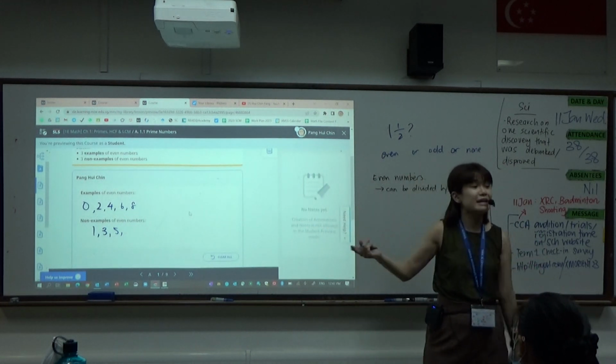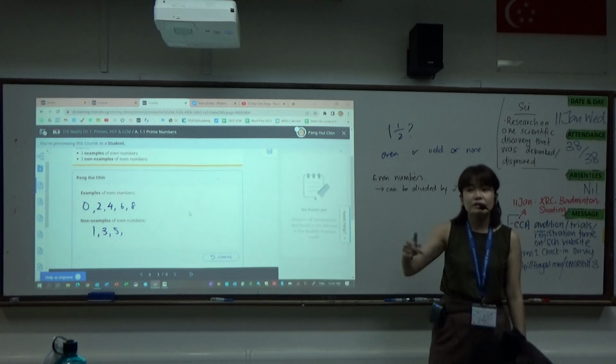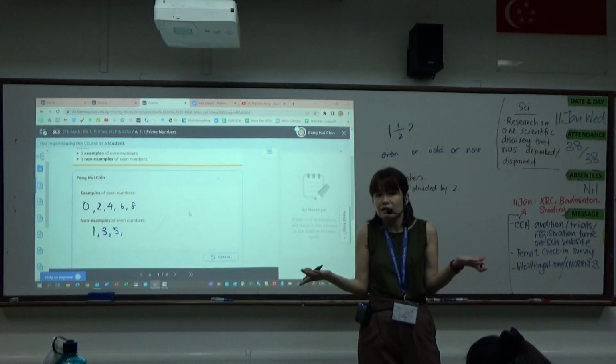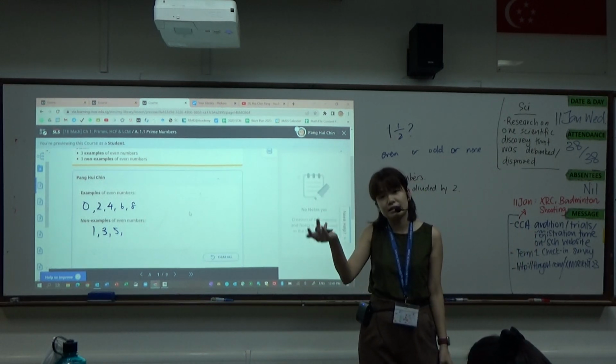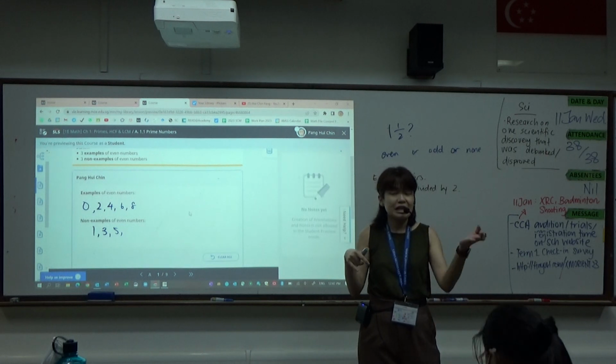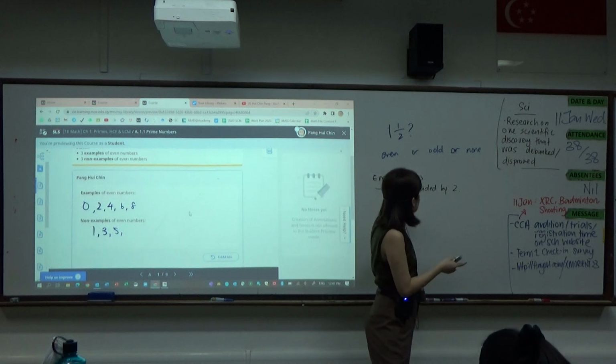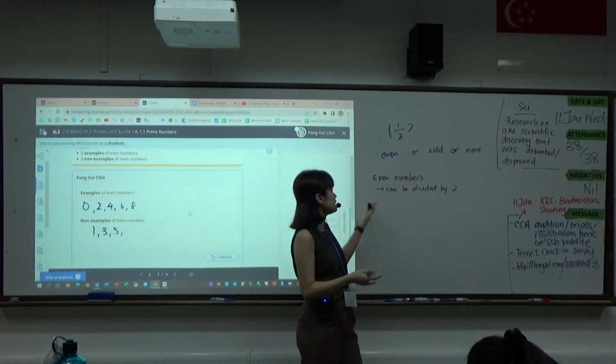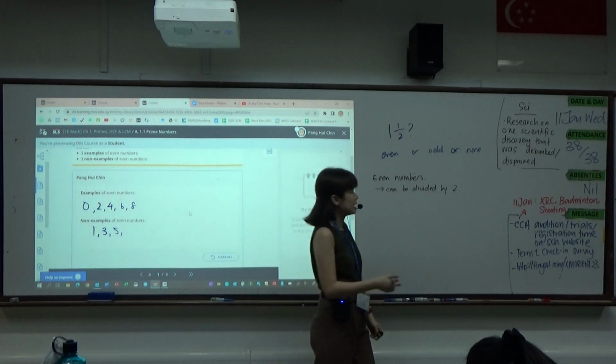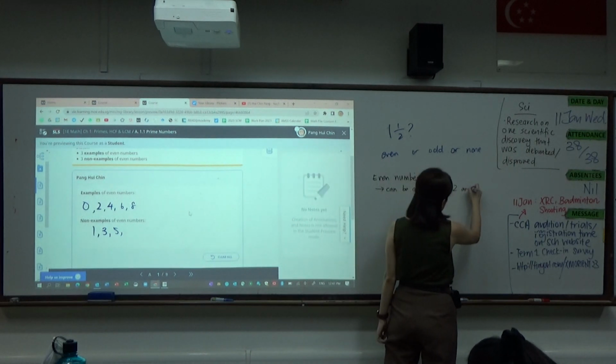When we press the calculator we can divide anything by 2, it's just whether there's a remainder or not. But for even numbers, would there be remainders? No. So to be more clear about this definition, even numbers can be divided by 2 and have no remainder.